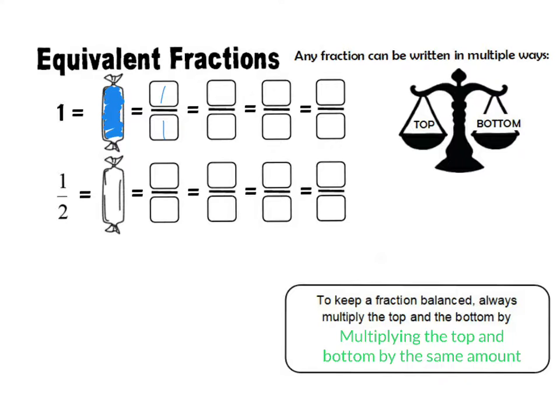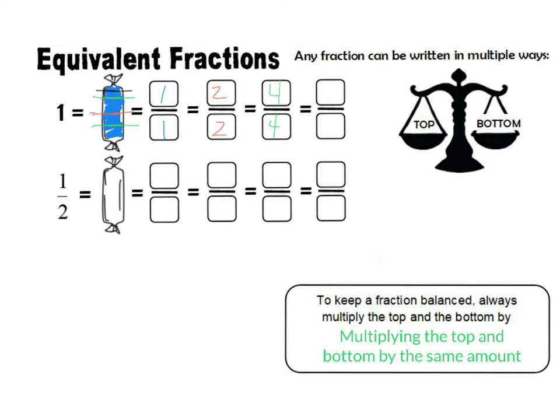I could split the candy up. Now I have a size of 2 because I divided the candy into 2 chunks, but I have both of those chunks, so I have 2/2. I could divide the candy again and make it 4 chunks, in which case I have 4 chunks out of the 4 that the candy is divided into.